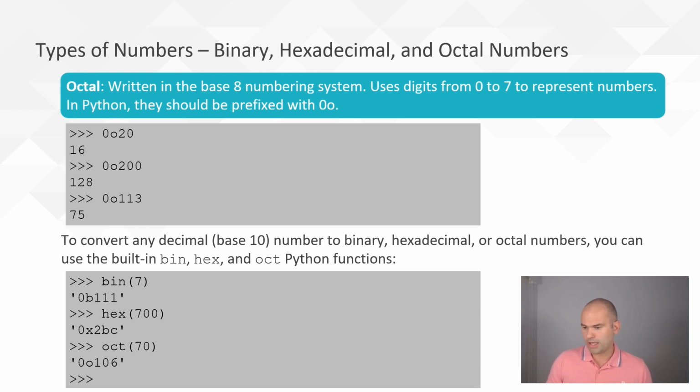You should know though that their notation in Python is 0o, a zero and a lowercase o. That stands for octal. So we're done with that, and now we're going to have a more practical look into binary and hexadecimal numbers and do some conversions with them in Python.